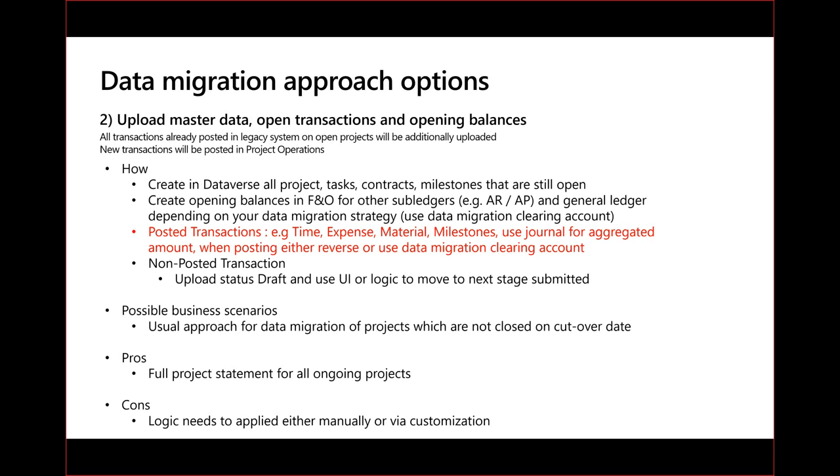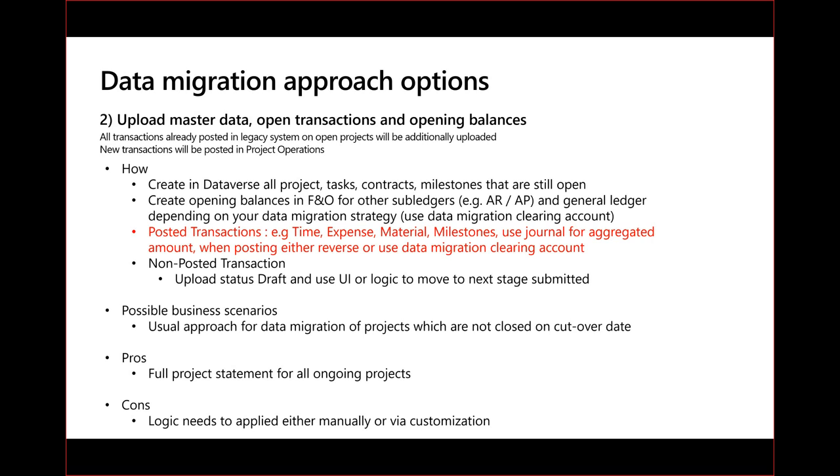We just have to avoid, of course, that information typically already being in the opening balances that we have uploaded. So we would have that already. The invoices would already be coming into our accounts receivable on that customer, so we don't want to have that amount double.